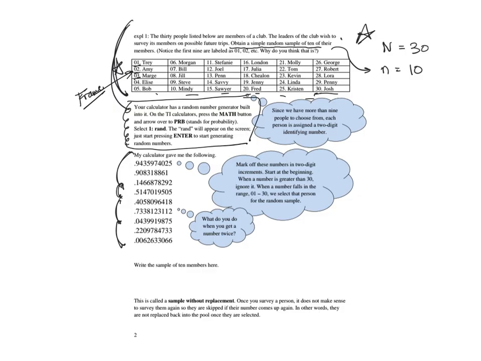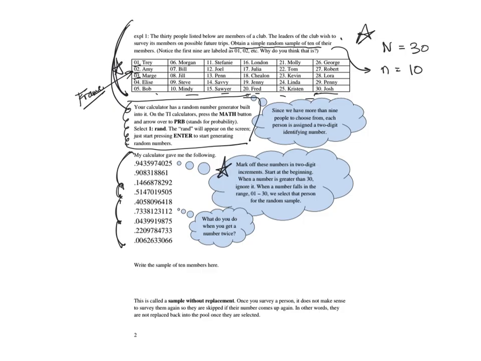The idea here is that you can use these random numbers to select 10 of these 30 people, and basically we're just going to go through, like this thought bubble says, and mark off these random numbers in increments of 2, and if a 2-digit number that we mark off relates to one of these 30 people, then they are in my sample, and if not, I'll just ignore it.